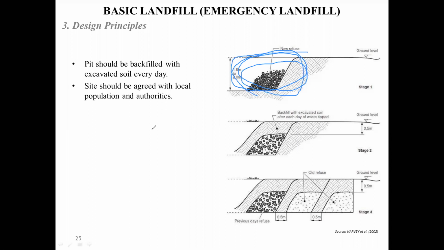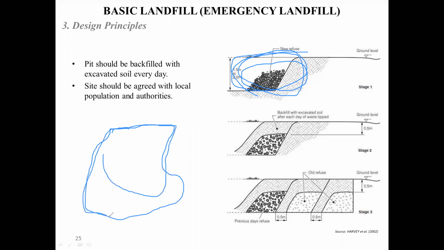Basically what happens, let us say I'm drawing a rough diagram of some district, right? Let us say this is my district. Basically what we prefer, if this is the area where the waste is being generated, I will not be dumping the waste or putting a backfill in this area, right?